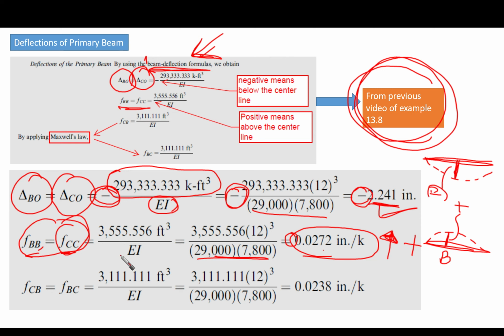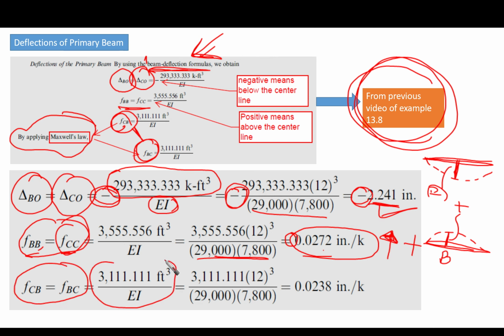Now the last ones are FCB and FBC. They are going to be equal because we are applying Maxwell's law. So FCB and FBC are going to be equal and positive as well, with this magnitude, which is 0.0238.